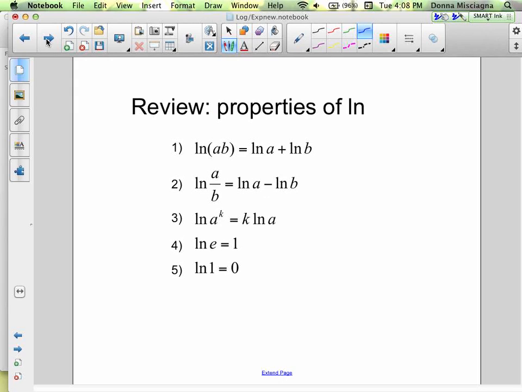If we have something raised to a power, it can move in front as a coefficient. Natural log and e are inverses of one another, and so they cancel each other out. And then here, natural log of 1 is 0 because e to the 0 is 1. All right, so those will come up, particularly that product rule, power rule maybe.